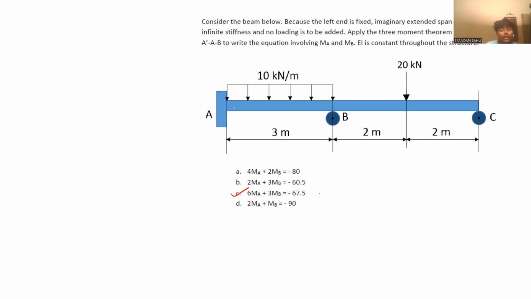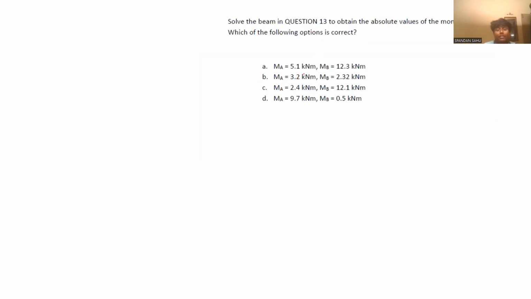When you consider an imaginary beam and AB, next it will be 14 MB. They have told to calculate MA and MB. After you get two equations and solve them, you get MA to be 5.1 and MB to be 12.3.